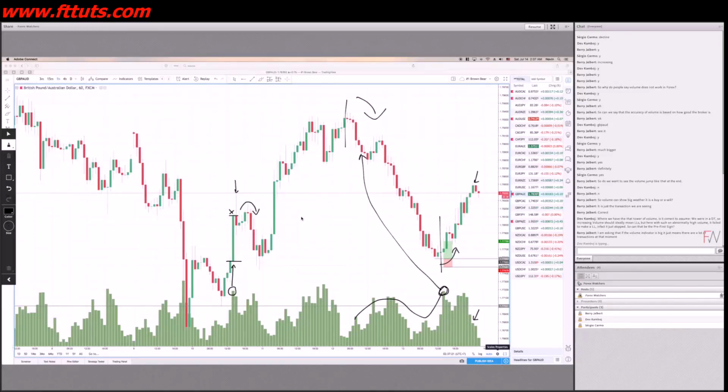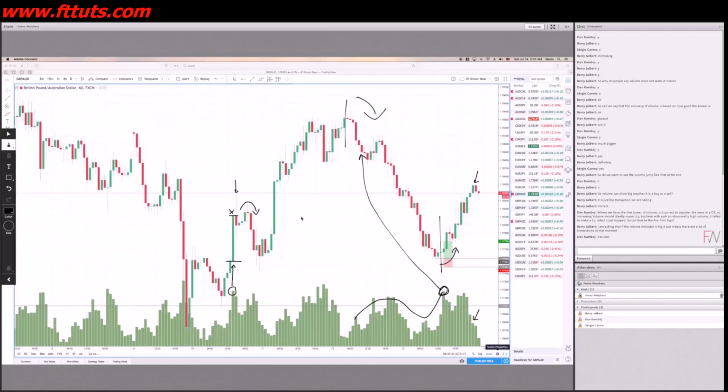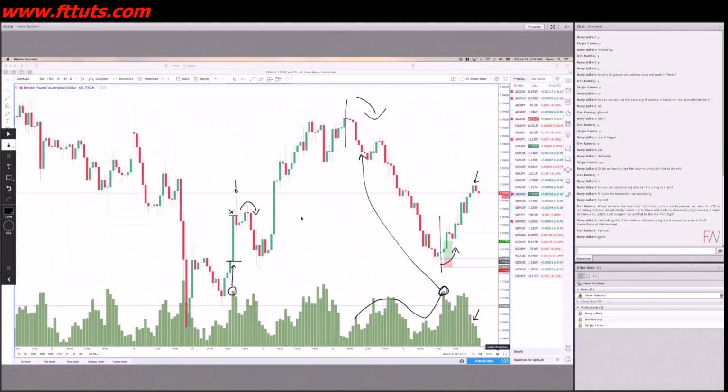Barry, I am asking that if the volume indicator is big, it just means there's a lot of transactions at the moment. Yeah, absolutely. Well, that's what it is, right? It's representing activity in the market. And if you're trying to work with the flow of the bigger boy, then you understand what that activity means.